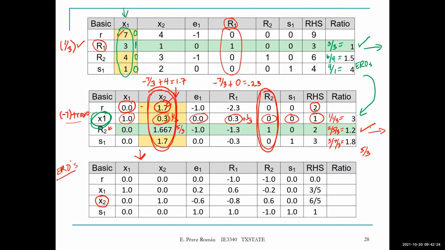So if the variables are not listed in this column, what that means is that X1 and X2 are currently equal to 0. So these three variables right here are basic variables, the rest are non-basic. So all non-basic variables are equal to 0.